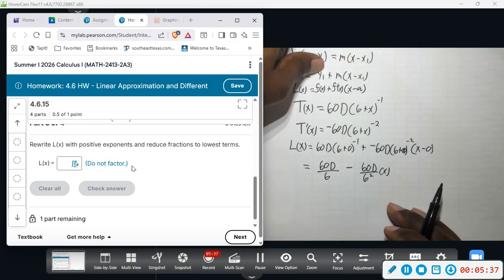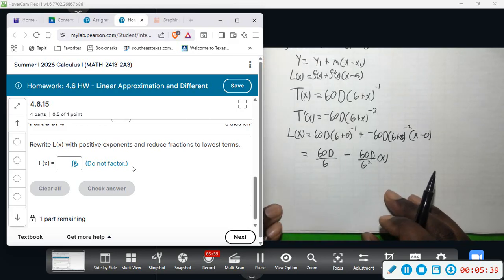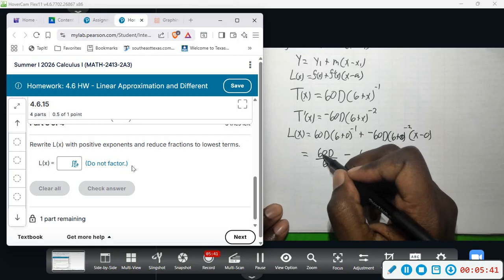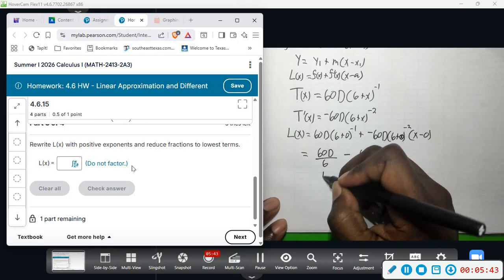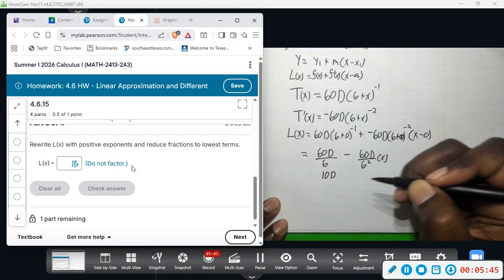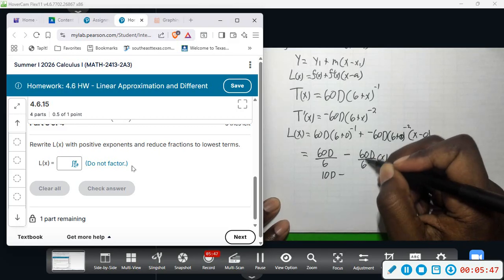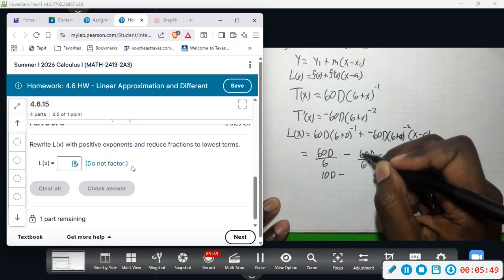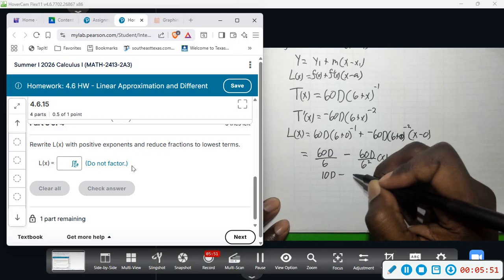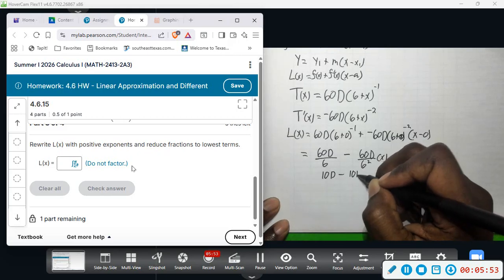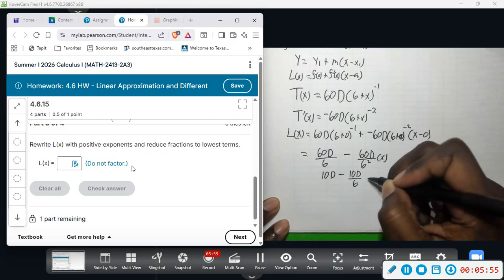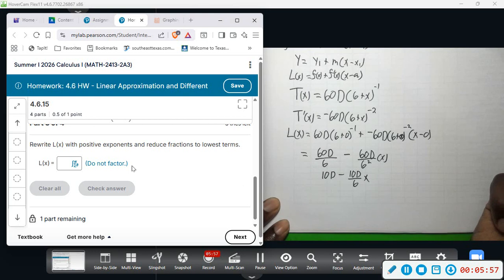All right, the one more thing I can do to simplify is divide top and bottom by 6, and so that will leave me with 10d. And I can divide top and bottom here by 6 as well. This will be 10d over 6 times x.